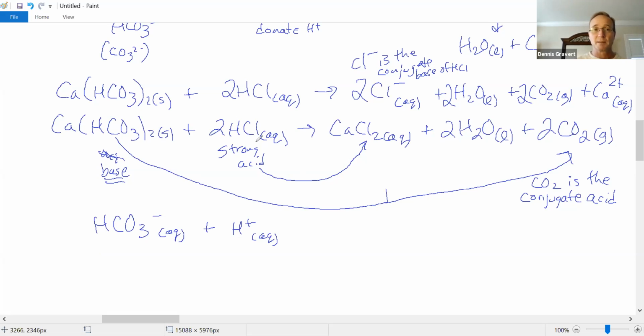Well, it's not the full net because we have other changes, but if you're only focusing on bicarbonate and its chemistry, here it acts as a base, grabbing H plus to form carbonic acid, which then decomposes to form water and carbon dioxide.